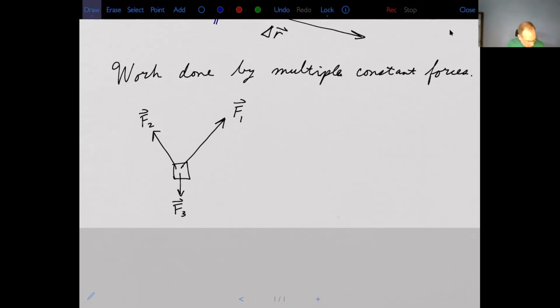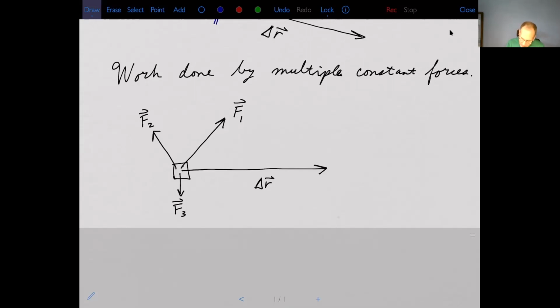And let's say the object undergoes a displacement in this direction, called delta R. And I want to know the net work done by all three of those forces acting on the system. Well, there's a couple ways you could do this. You could find the net force first.